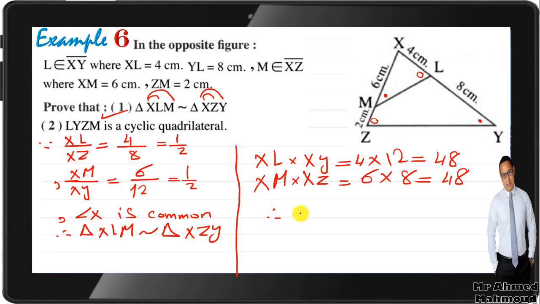Therefore LMZY is a cyclic quadrilateral.